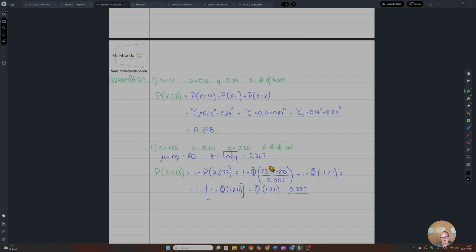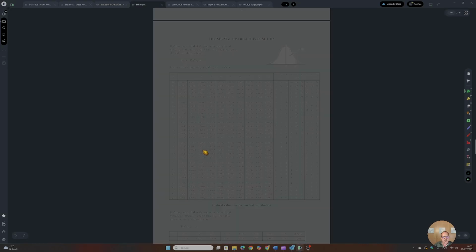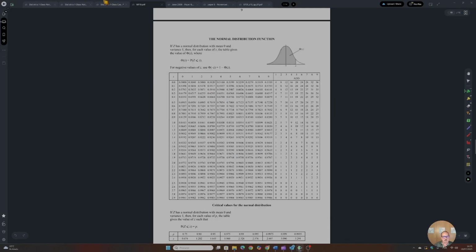This is going to give you the z value, which is negative. You already know what to do when this happens: you do 1 minus the probability of the corresponding positive z value, then go to the MF19 to get the corresponding probability.